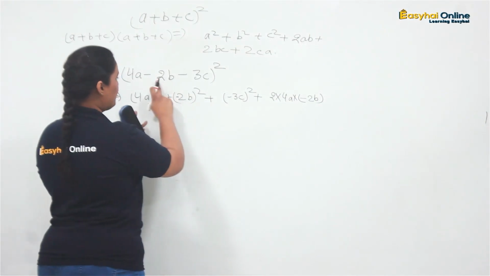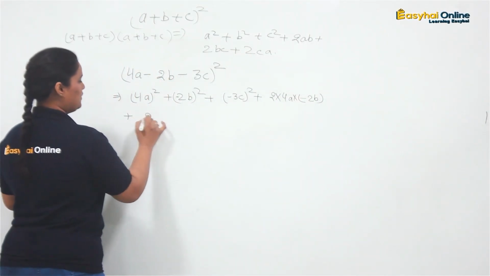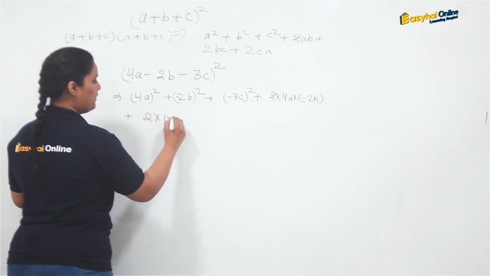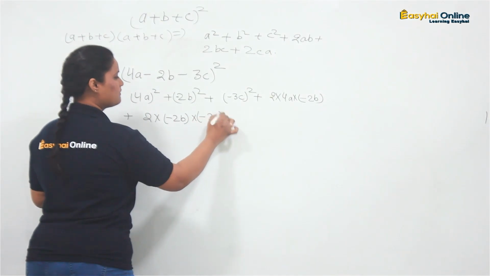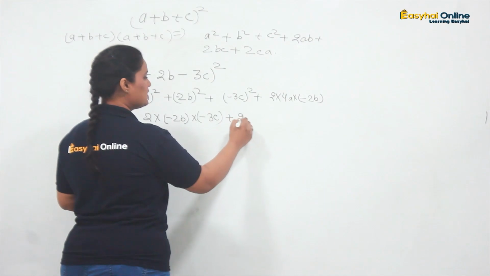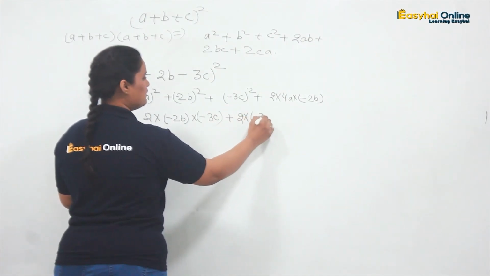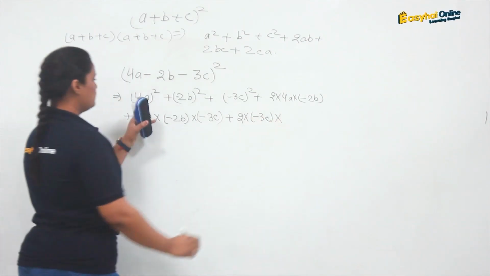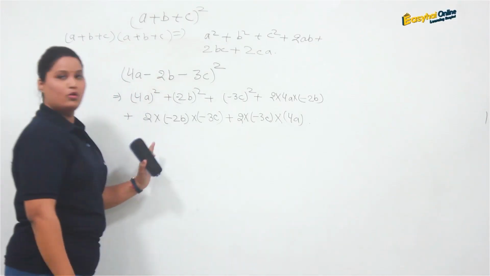Now we have put the minus sign of the b term. Plus 2 into minus 2b into minus 3c. Clear? Now plus 2 into minus 3c into 4a. I hope it is clear to all.